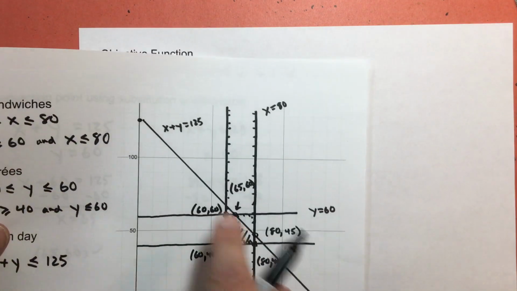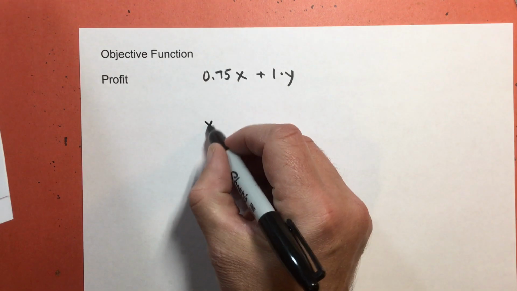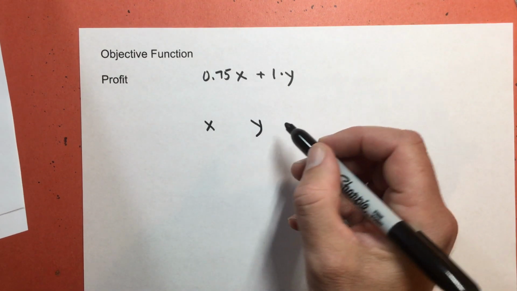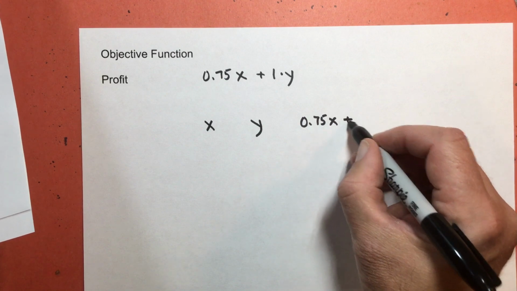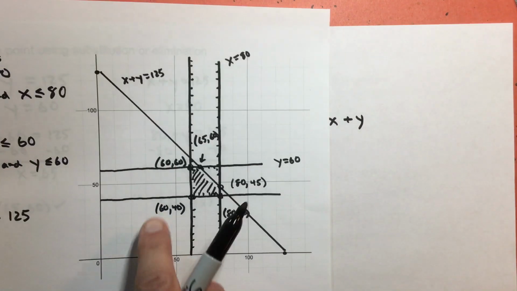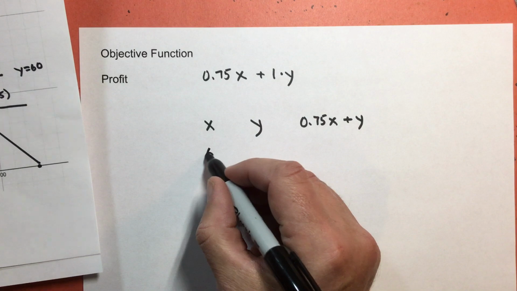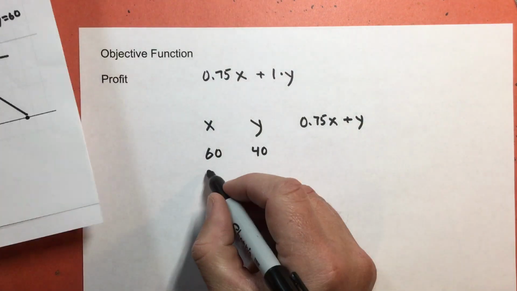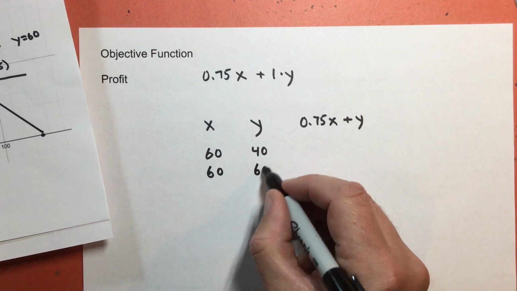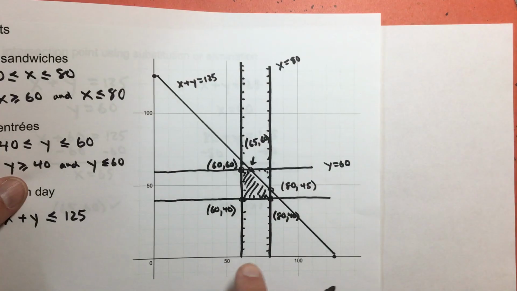So here are the points that I need for my table: number of cold sandwiches, number of entrees, and my profit function. So I have 60, 40. I have 60, 60. I know it's hard to get everything on the same screen, isn't it?